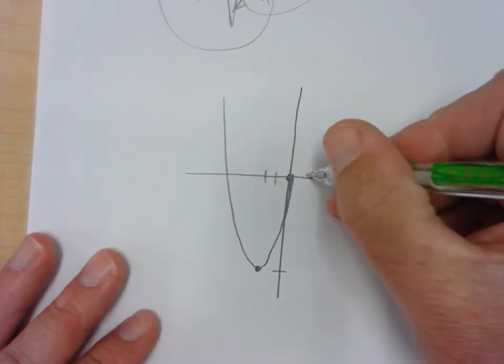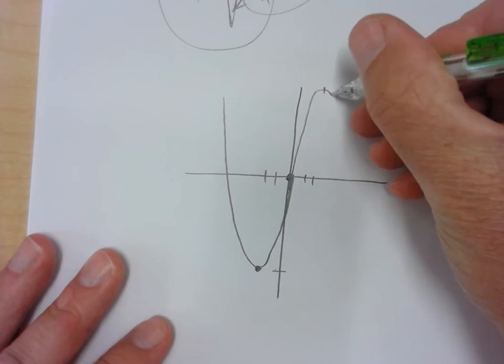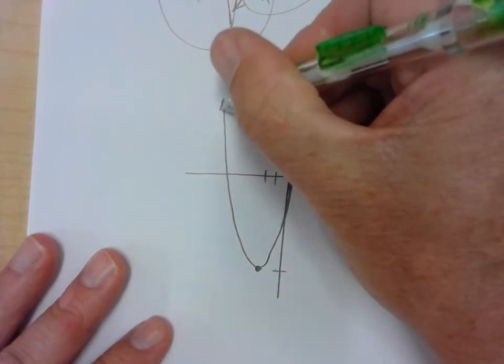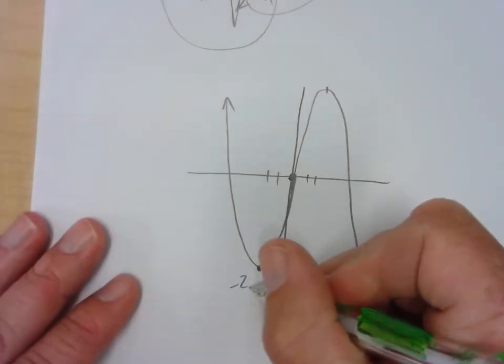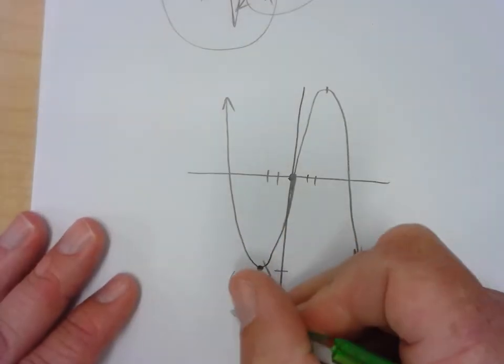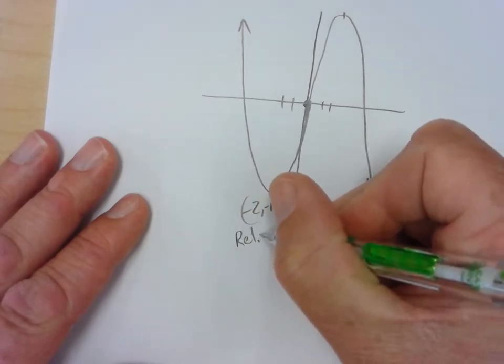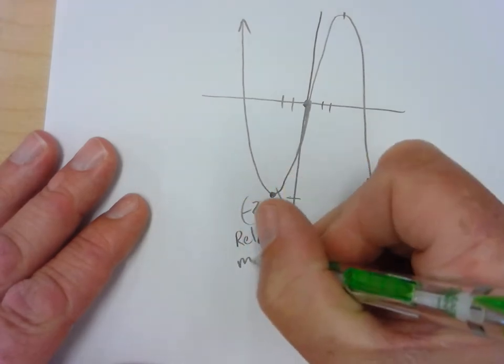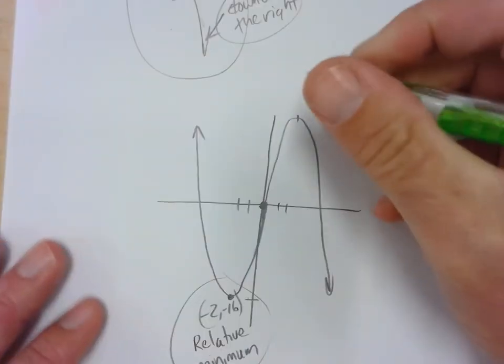So we're going to go over 2 and up 16. We're going to call that 16. All right. So -2, -16 is the turning point, or the relative minimum. And then this point right here.